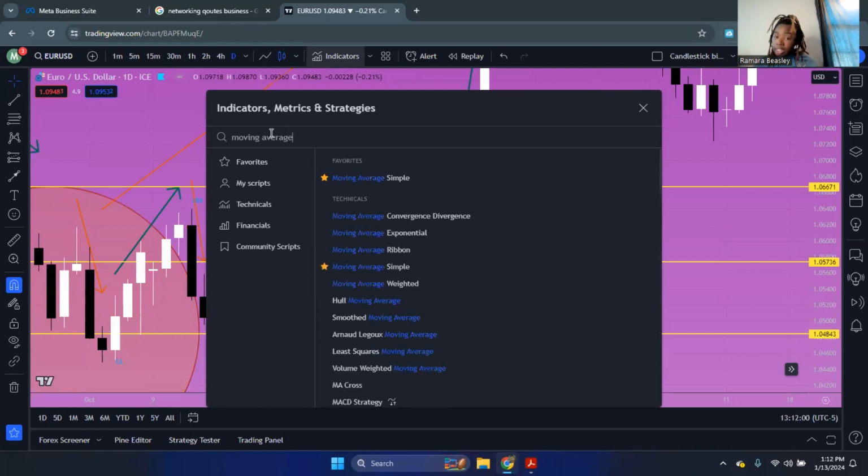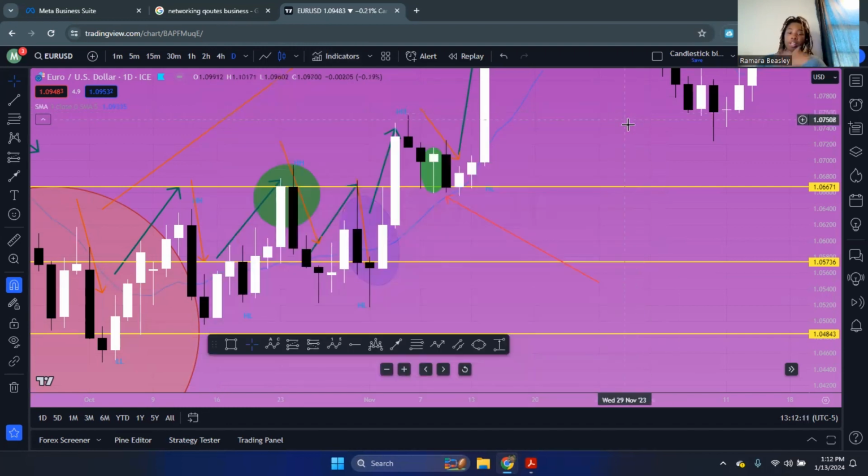You'll see a lot of different moving averages that may pop up. Just choose the simple moving average. We are not going to make this complicated. I don't know about the ribbon or all those other ones. Let's make it simple.